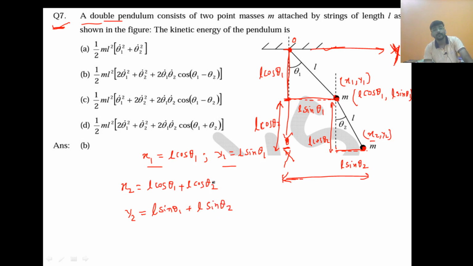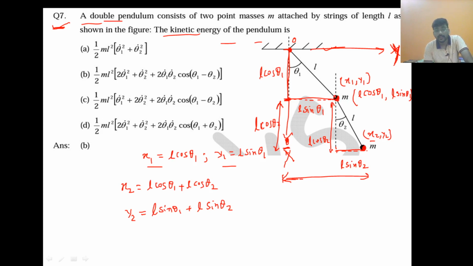Okay. Now, what will be the kinetic energy? Here it asks for the kinetic energy of this double pendulum. Here two masses are present, one is this and another is this.